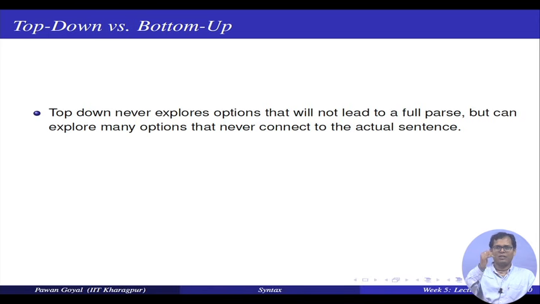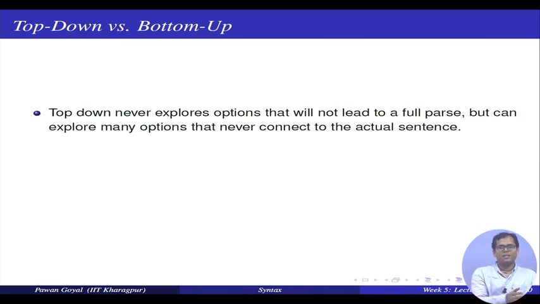I can always find options that will only give me one word. All the options were giving me a parse starting from S in the top-down strategy. But it might happen that some options are giving me a particular parse tree where all the words are not covered or some extra words are covered. So this actual connection to the actual sentence is not taken care of.